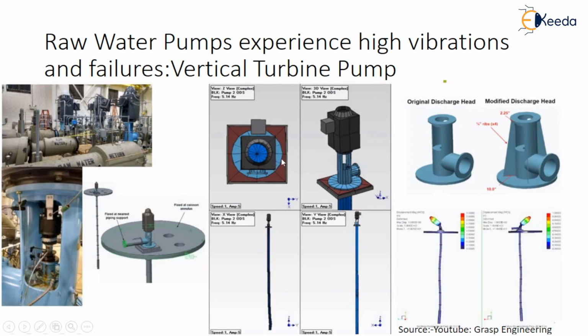Whatever effect we get due to the motor condition or the pump condition, those frequencies are plotted and mentioned here. The original discharge head is like this, but for the modified discharge we have to provide some margin, because we do not want the particular structure to fail.